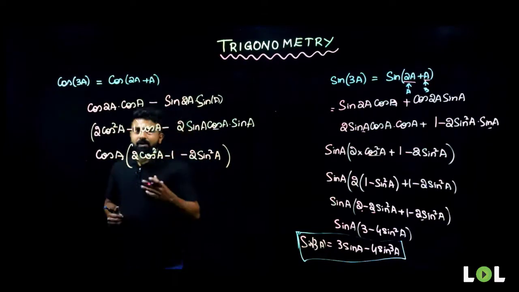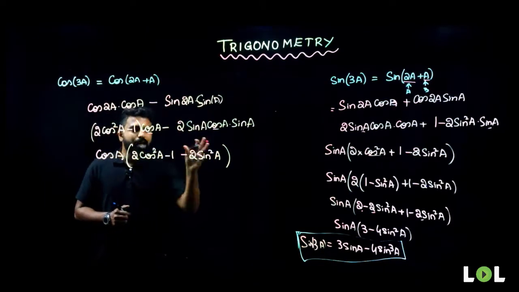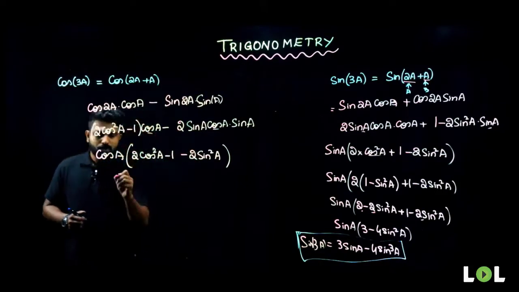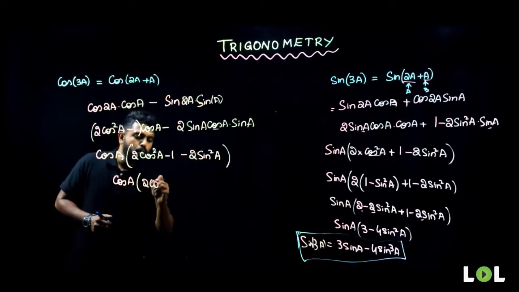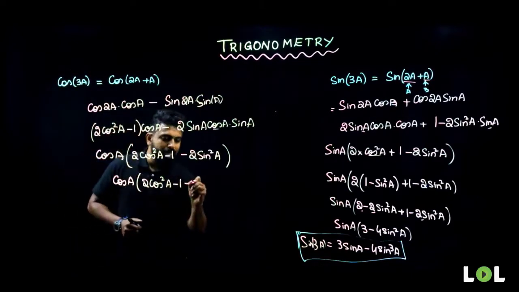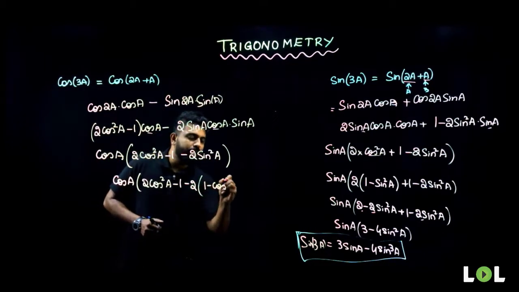Now once again, from our first identity, what can I write my sin square a as? I can also write my sin square a as 1 minus cos square a. So this will be cos a into (2 cos square a minus 1 minus 2 into (1 minus cos square a)).